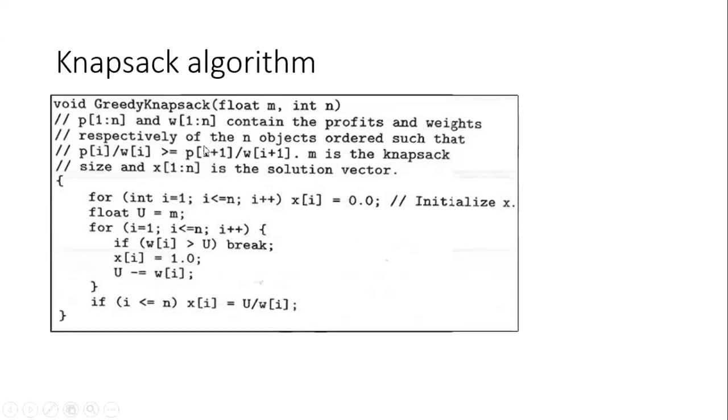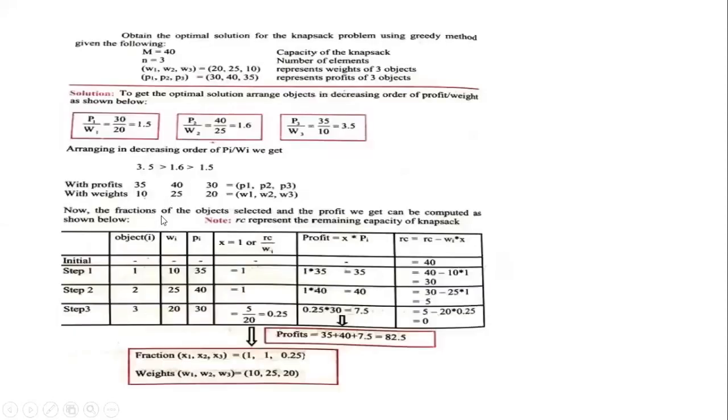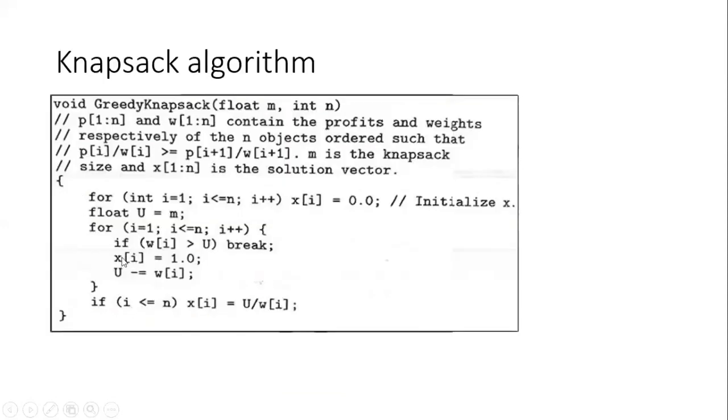Okay, X will be the final solution. So the condition will be I is equal to 1 to N. Initially I make everything 0. Then I have a variable U of the type float. Then again a for loop which will have the maximum capacity. If the weight of the current object is greater than U, stop, don't go further. Else add the item to the temporary array that I have created to see the result.